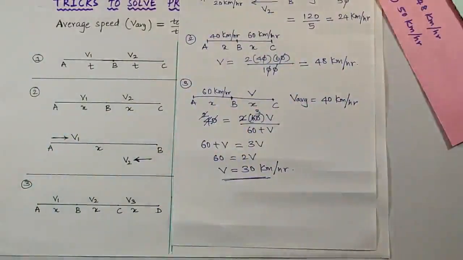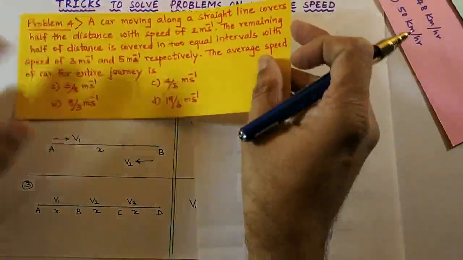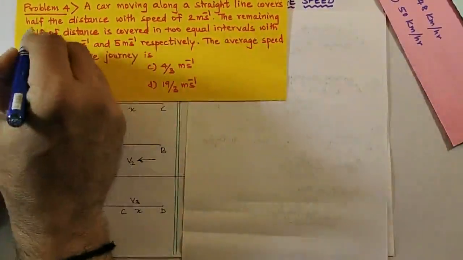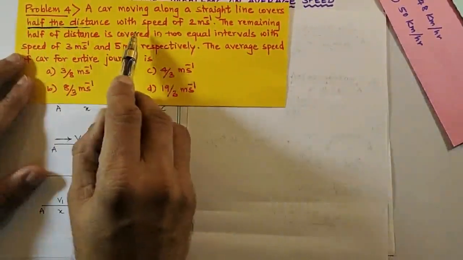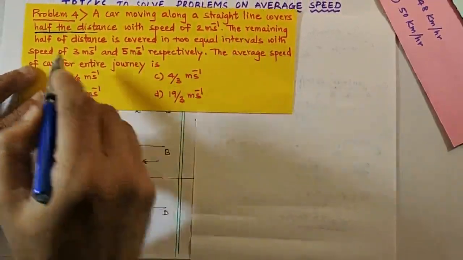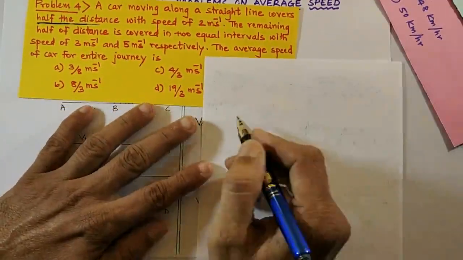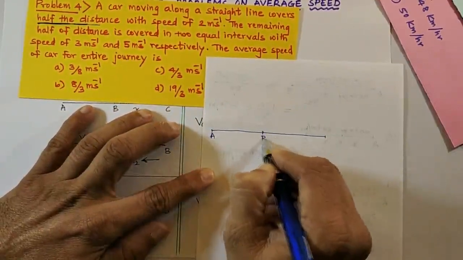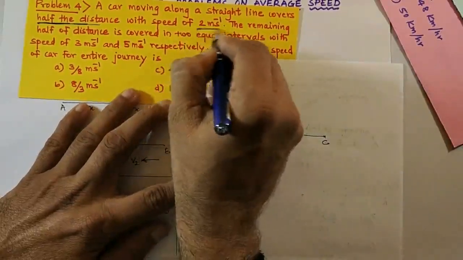So next problem if I take, fourth one. A car moving along a straight line covers half the distance, again he has told half the distance, with speed of 2 meters per second. And remaining half. So first half he moves with 2 meters per second. So if I take A, B, C, first half he moves with a speed of 2 meters per second.